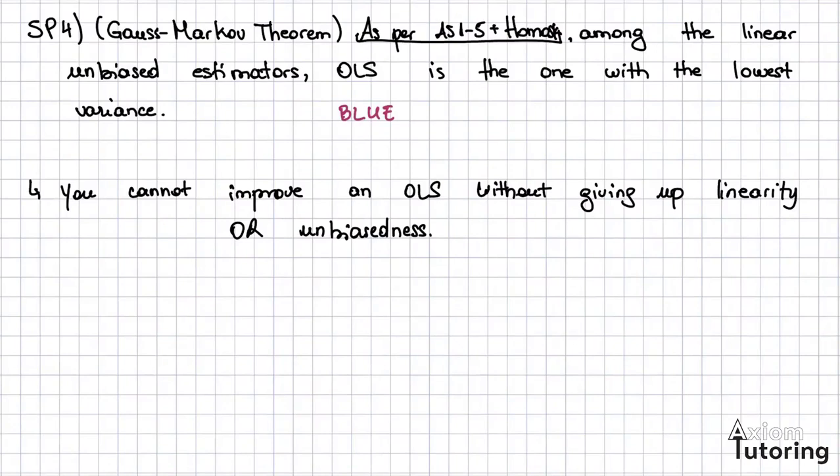So this is also the reason why, once you move on to more complicated ways of estimation compared to OLS, you will see that there are actually other methods that can beat the OLS. For instance, the GLS method can beat the OLS, but it is not unbiased in the same class.